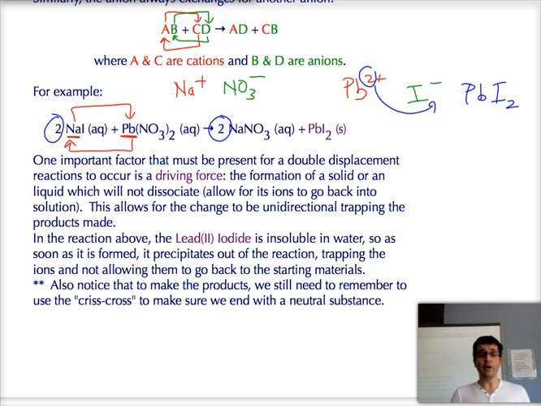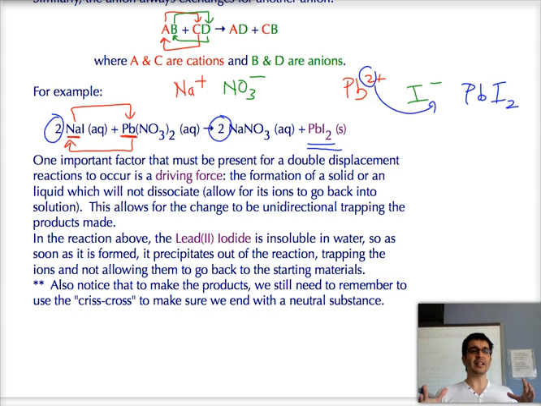Alright? Now, you will notice something else about the lead 2 iodide. I have colored it in purple because in order for a double displacement reaction to occur, there must be something that is called a driving force. It is something that will trap the ions so they cannot go back in the reverse direction, and so that driving force is normally the formation of either a solid, an insoluble solid, or a liquid.